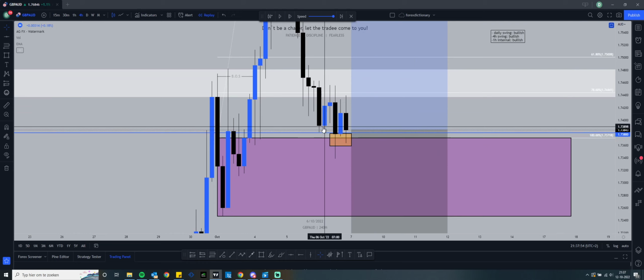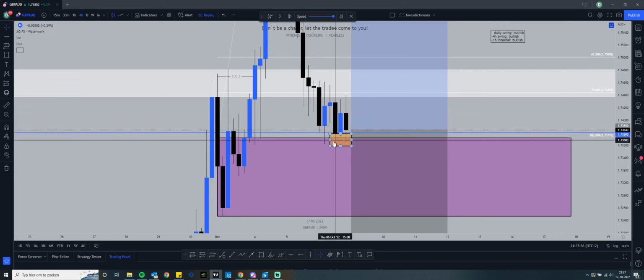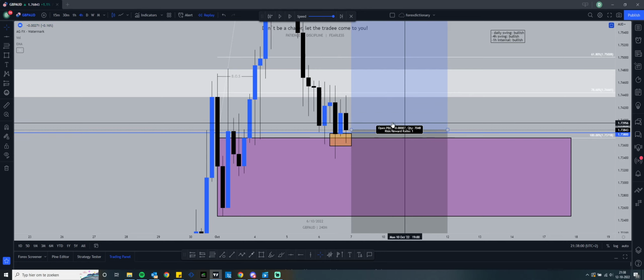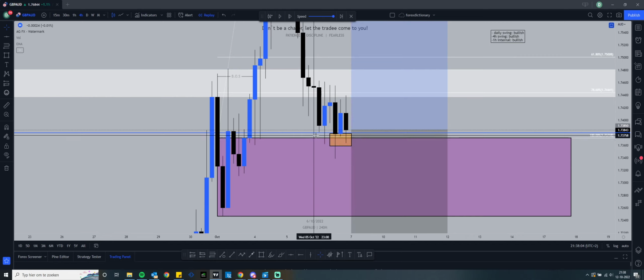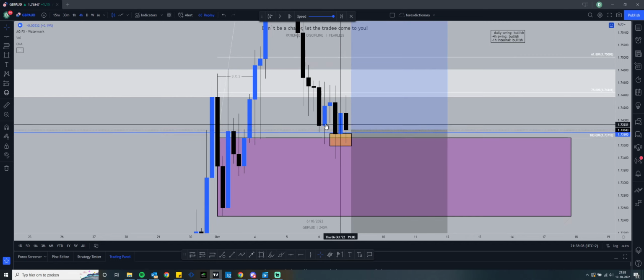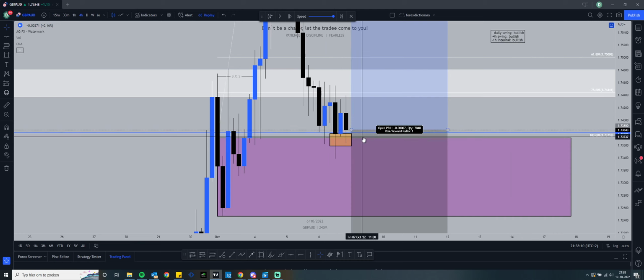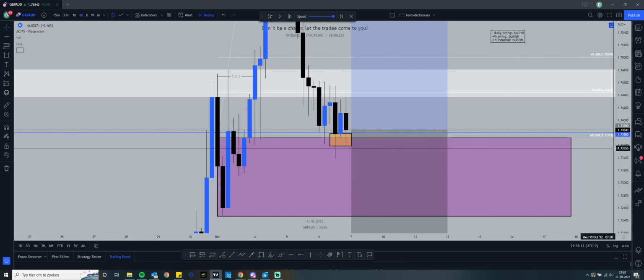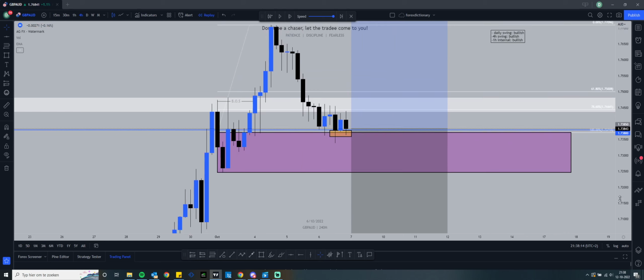Tapped it once, tapped it twice, little rejection, tapped it once, rejected off, came back. So price halted at the 73800 level for 12 hours or even longer if you count all the candles, 1 candle, 2 candles, 3 candles, 4 candles, 5 candles, so like 20 hours. It's been 20 hours worth of attempts, but just not been able to break through.